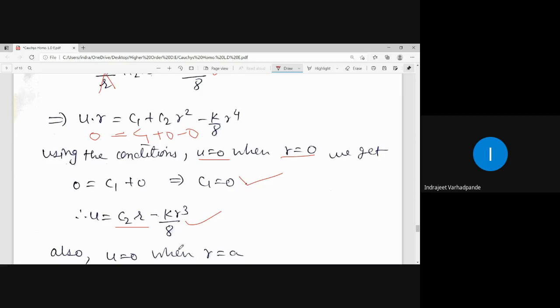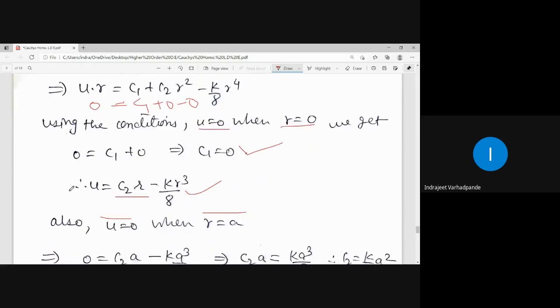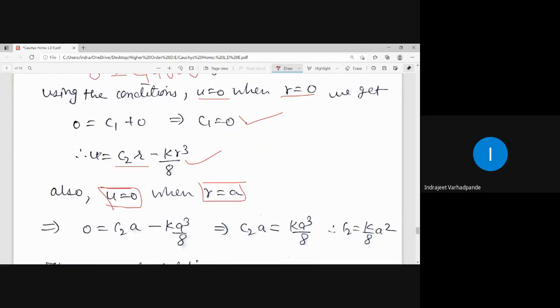The second condition is still remaining: u is equal to 0 when r is equal to a. Now put the value of r as a and u as 0. So using u is equal to 0 and r is equal to a, 0 is equal to C2 a minus k by 8 a cube.